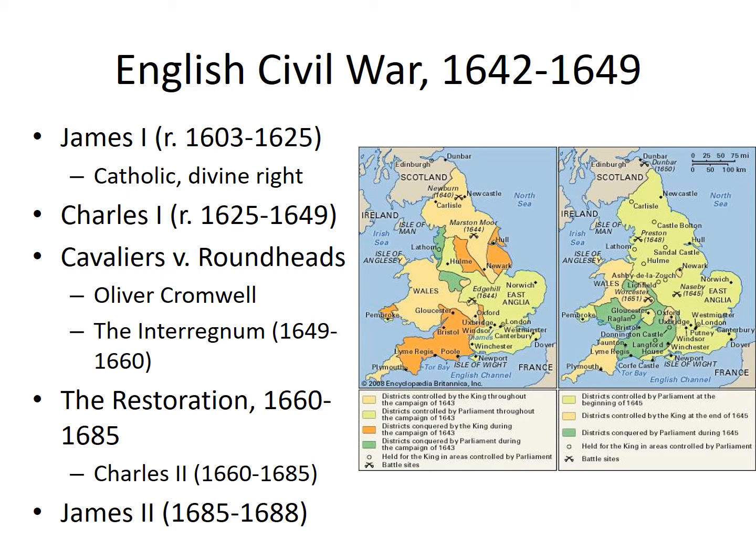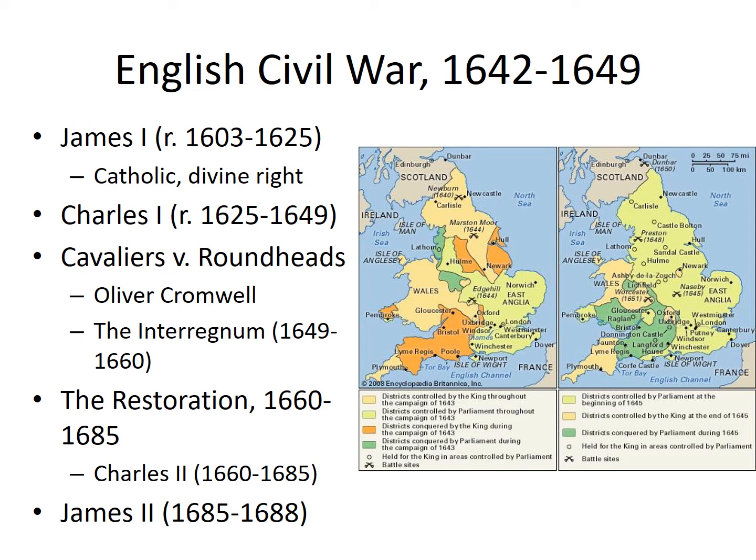Ultimately, this back and forth that he has with Parliament will lead to a civil war. He wanted to rule outright. He did not want Parliament challenging him, especially when it came to taxation, and this will lead to the English Civil War.